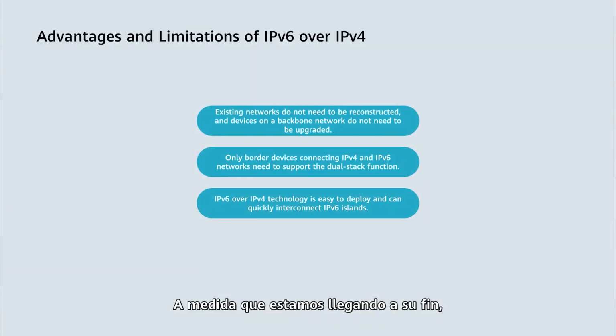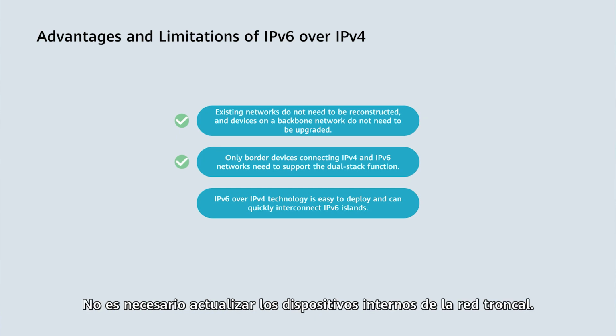As we are drawing to a close, let's summarize what we've discussed so far. As a transition technology, IPv6 over IPv4 makes full use of the existing networking. The dual stack function needs to be enabled only on the border devices of the IPv4 and IPv6 networks. The internal devices of the backbone network do not need to be upgraded.